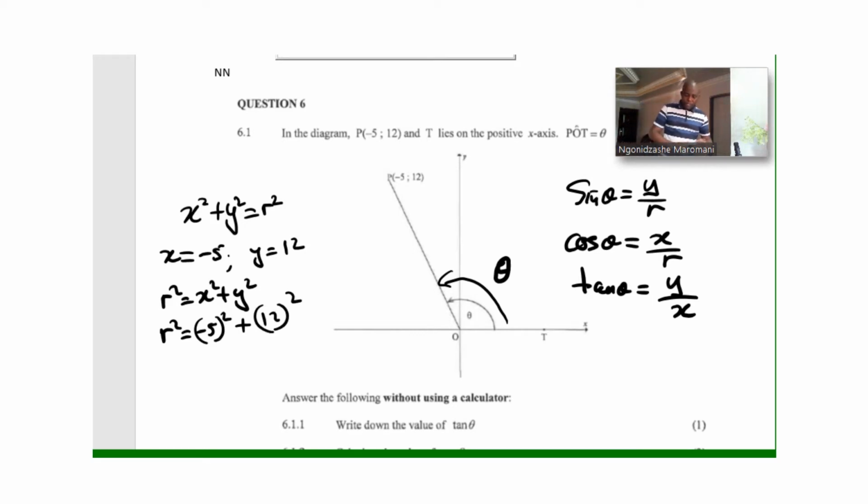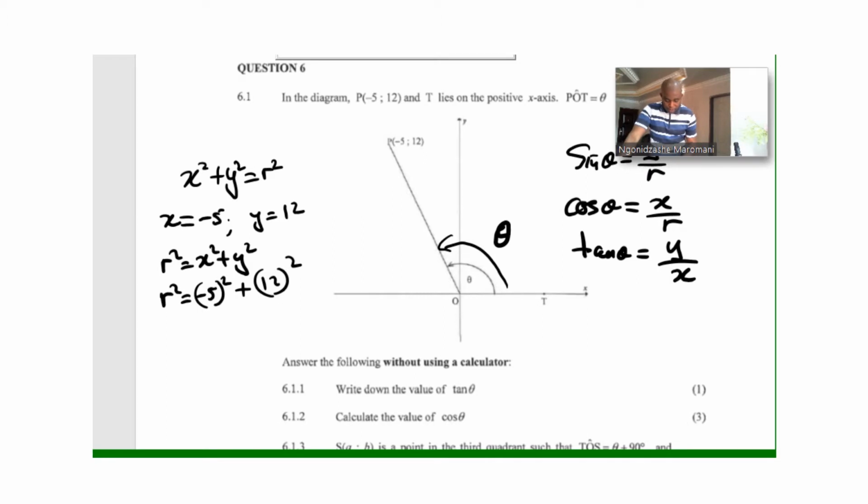Minus 5 squared is 25, then 12 squared is 144, 25 plus 144 gives us 169, and the square root of 169 is 13. So my r equals the square root of 169, which is equal to 13. That is the distance here. We say our r equals 13. That's the most important thing.